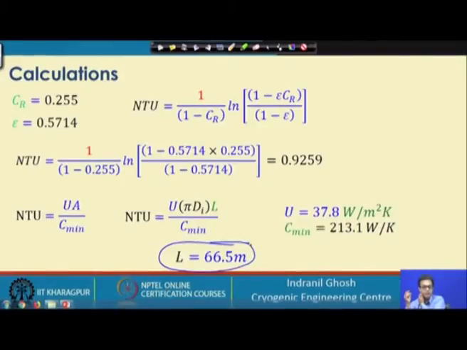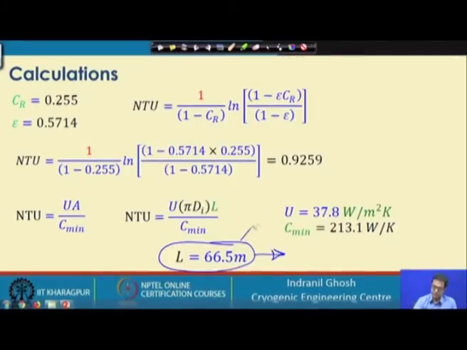So, in this lecture we are able to find that both the epsilon-NTU and the LMTD approach give the same estimate of the heat exchanger length needed to cool down the oil from 100 degree to 60 degree.